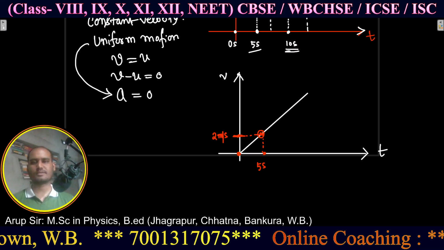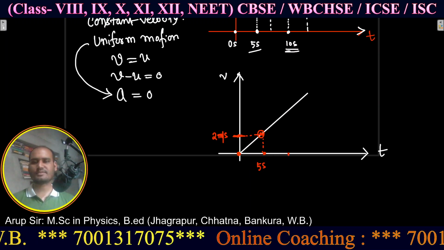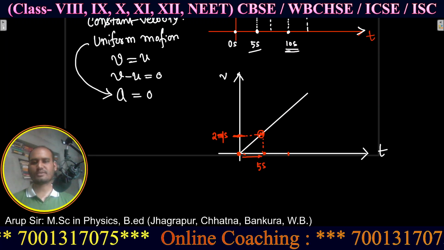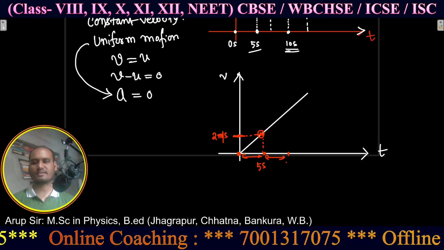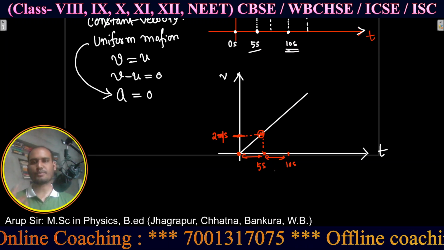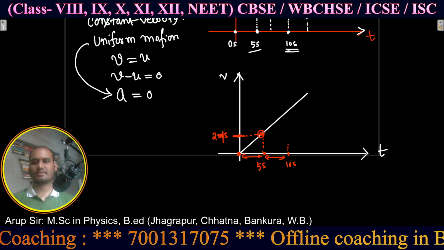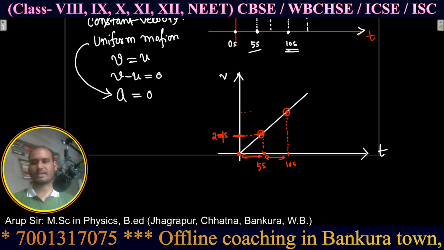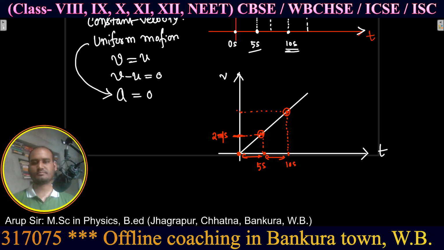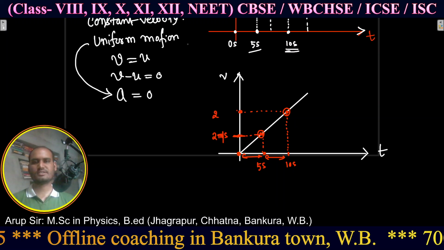Go from 5 to 10 seconds, you can see this gap is the same. It is 5 seconds, then 10 seconds, a gap of 5 seconds. I am going again above it, and this point is parallel to this one.